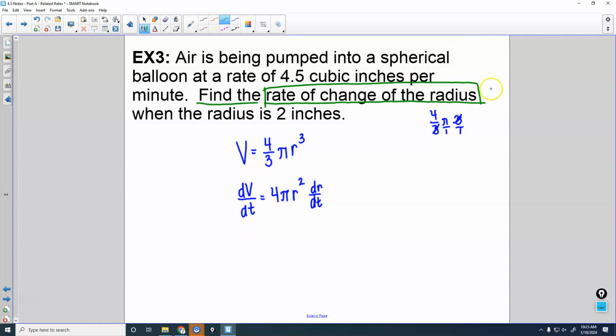Rate of change of the radius is dr/dt. So right here is what we're looking for, dr/dt. We are not going to replace that with any numbers. Which means we need to be able to replace dV/dt and the r right here. Those are the other variables in the problem. Troy, what is our dV/dt?